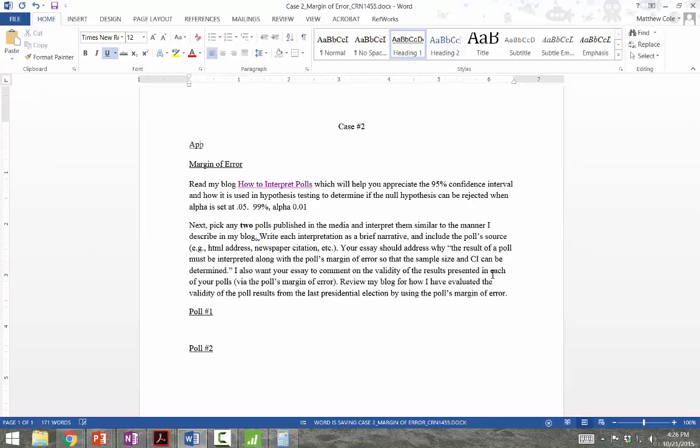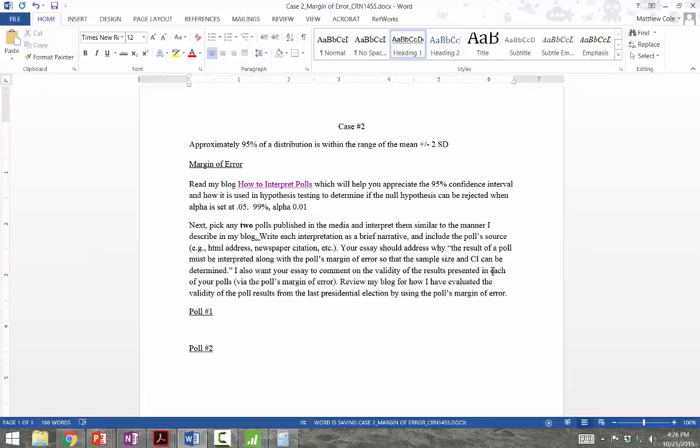Empirical rule said that approximately 95% of a distribution is within the range of what? The mean plus or minus 2 standard deviations, right?